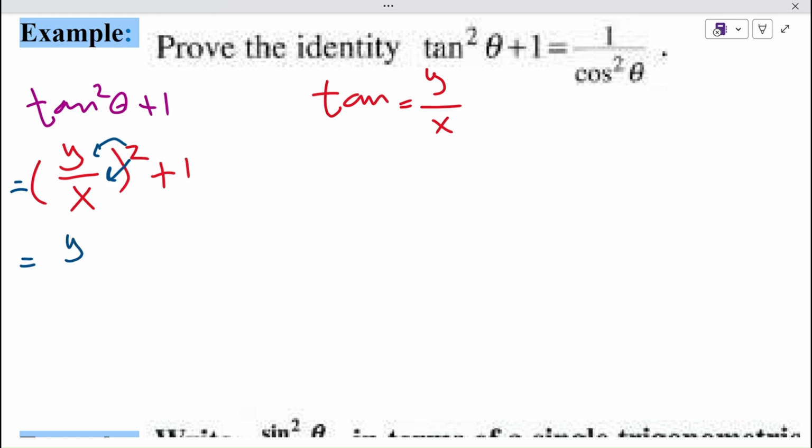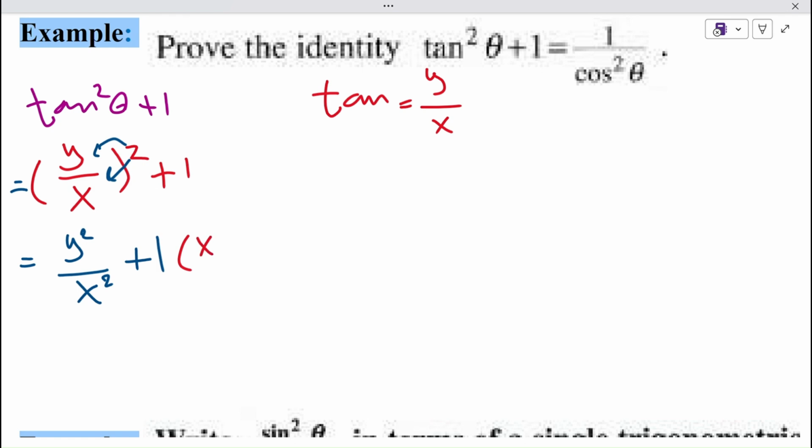Guys, here we have a number plus a fraction, so we have to find a common denominator, right? For finding a common denominator, we have to multiply this term by the denominator, x squared over x squared.